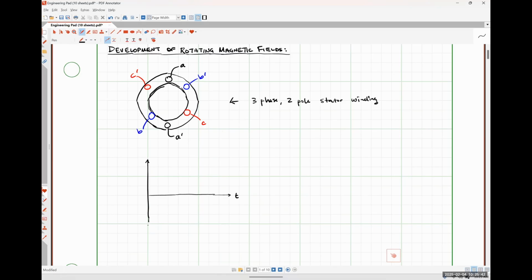So I'm just going to say from the jump that my A phase is going to have no phase angle. So that's going to just make this slightly easier for me to draw.